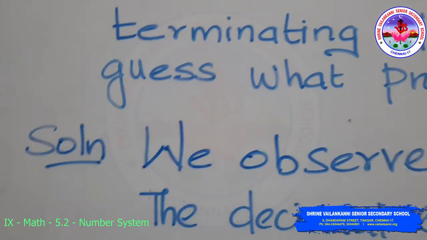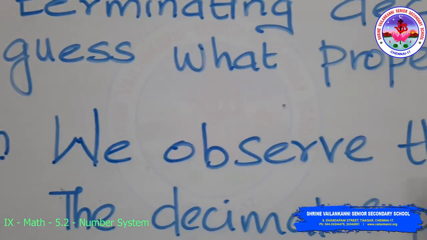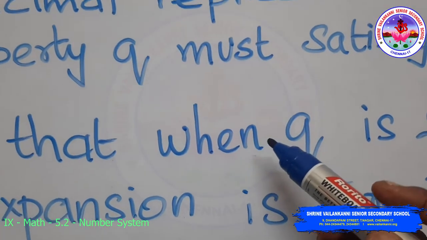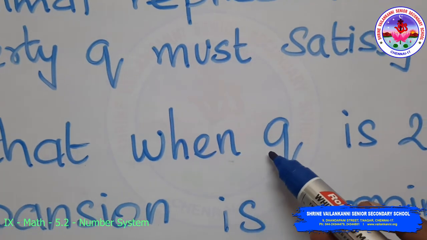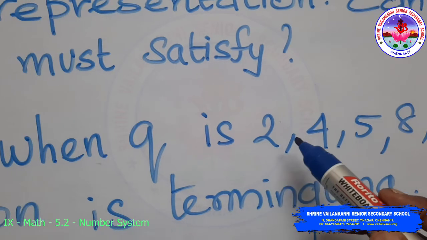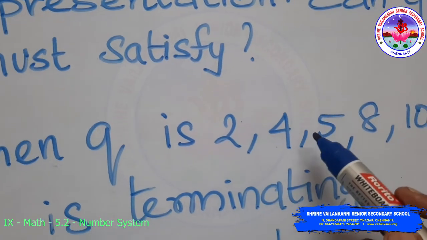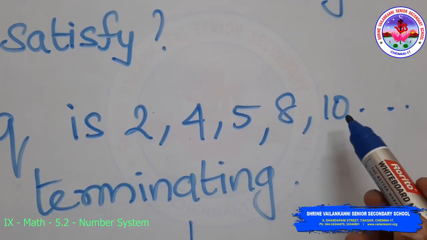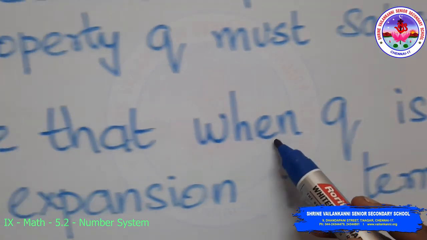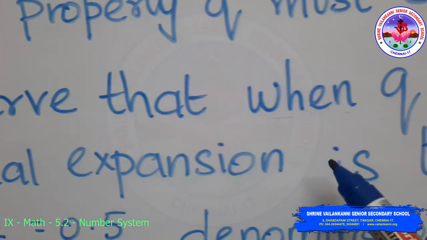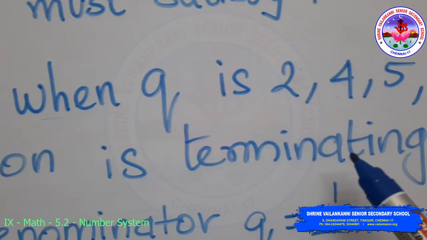Now coming to the solution, we observe that in a fraction p by q, when the denominator q is having the number 2 or 4 or 5 or 8 or 10, we will be getting the decimal expansion of p by q terminating.